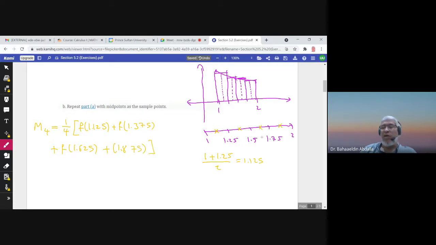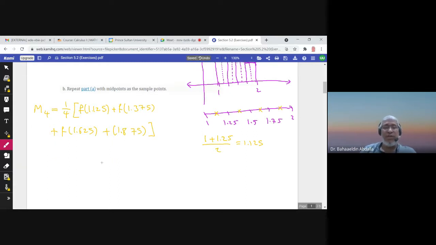Or if you like, for the last one, for example, you add 1.75 plus 2 over 2, you will find that the answer is 1.875. And now you use the function, which is 1 over x, to write the values of f.